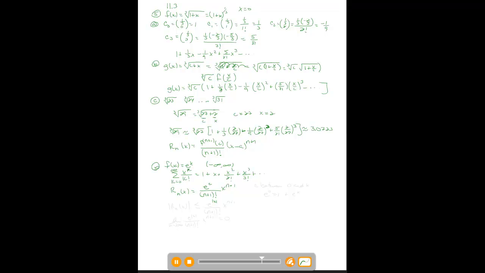And c has got to be somewhere between 0, where it's centered at, and x. So that means that we are between e to the 0, which is 1, and e to the x.